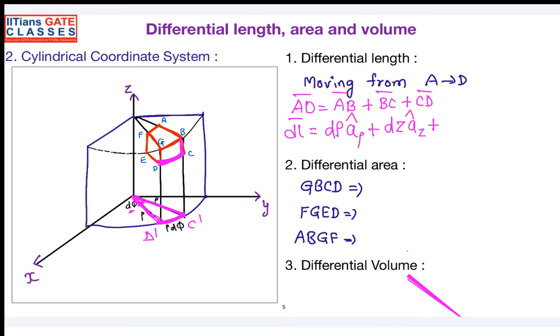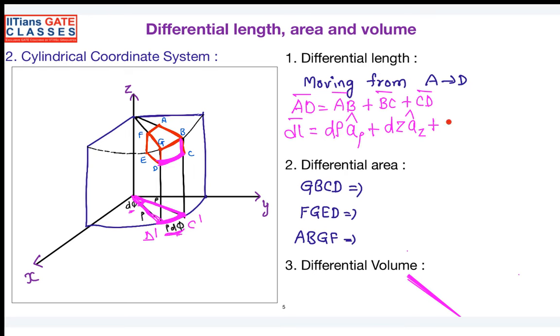Whenever you are moving in the direction of phi, it is not a linear direction, it is an angular direction. So the change in phi will be rho into d phi. So when I want to move from C to D, the variation is rho d phi, into a phi cap.